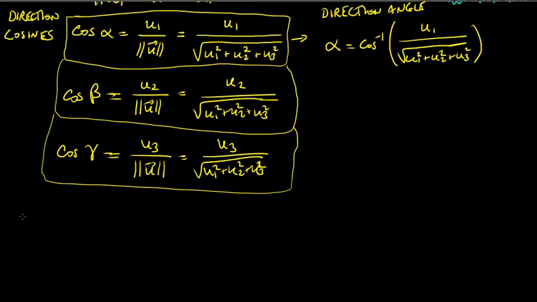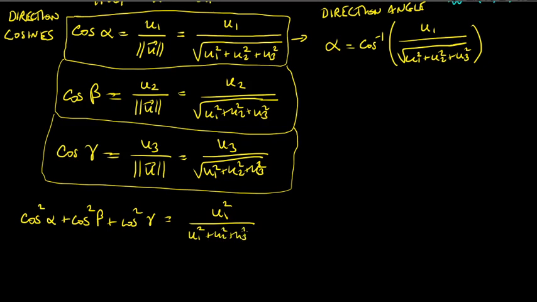So if we take cosine squared of alpha plus cosine squared of beta plus cosine squared of gamma, well, what do we get, right? We get u1 squared divided by, oh, I hate to write it all out, but u1 squared plus u2 squared plus u3 squared. Actually, let's just write it as the magnitude of u. So we get u1 squared divided by the magnitude of u squared, right?